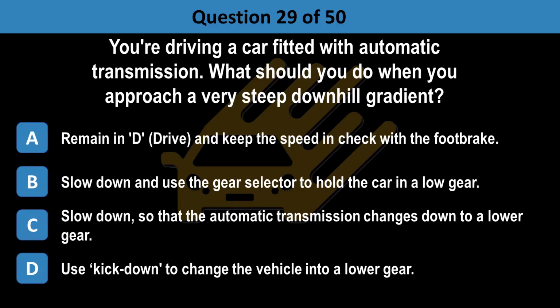B. Slow down and use the gear selector to hold the car in a low gear. C. Slow down so that the automatic transmission changes down to a lower gear. D. Use the kick down to change the vehicle into a lower gear.